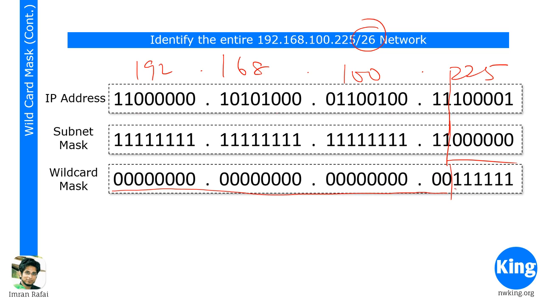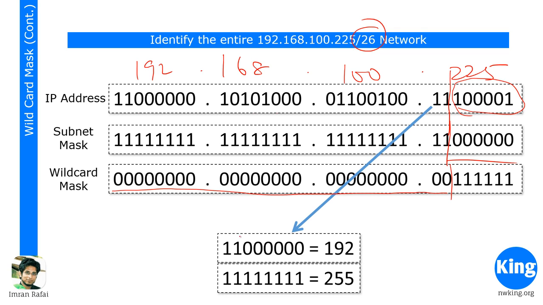This number is 63, right? So if you give a wildcard mask of 0.0.0.63, it means it is going to match 26 bits. Till here it's going to match, and this part of the IP address can be anything. It could be zeros or ones. That means if you make everything 0 here, the number is 192, and if everything is 1, the number is 255.